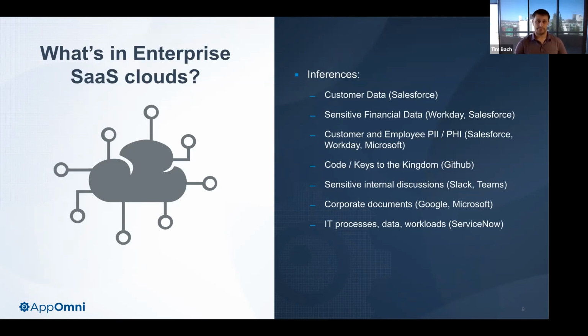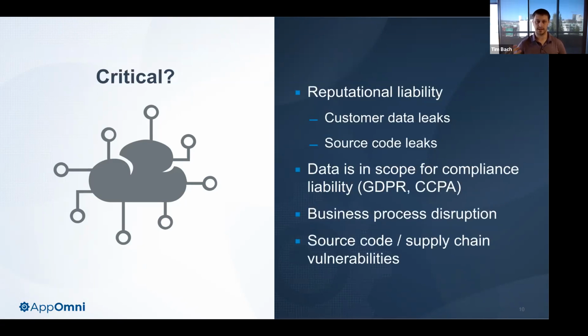So we have this list of what we think is going to be residing, in the general case, on an enterprise's SaaS deployments across the board. Let's think about that through the same lens that we were using when deciding on security program resources earlier. Is this critical data? We have reputational liability if any of this leaks.